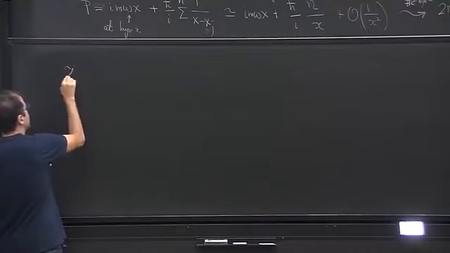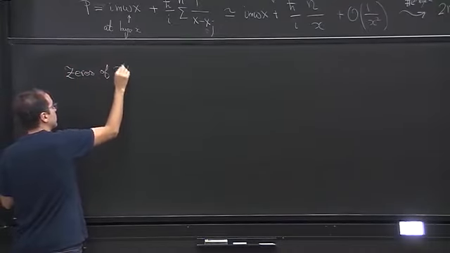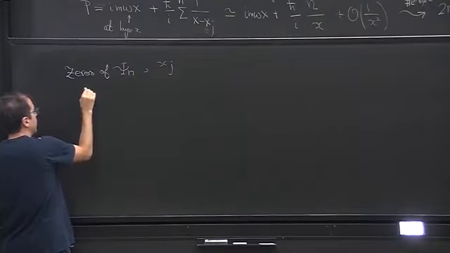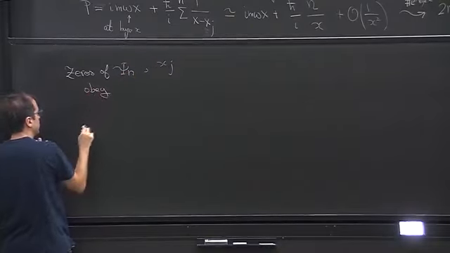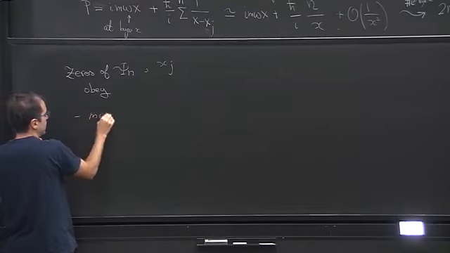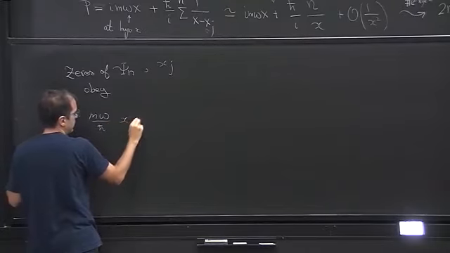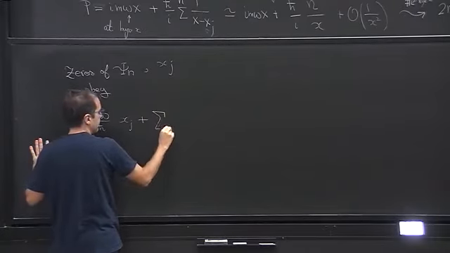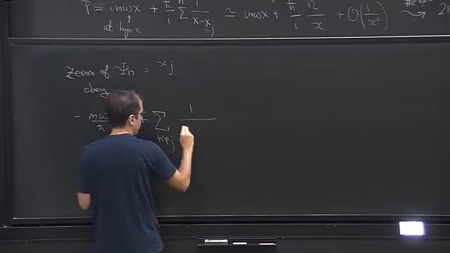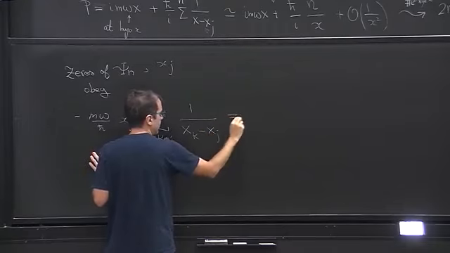So the summary is that the zeros of my wave function psi n, that is these values xj, obey this equation, which says that minus a constant, which apparently is m omega over h bar, times xj, plus the summation over k not equal to j of 1 over xk minus xj equals 0.